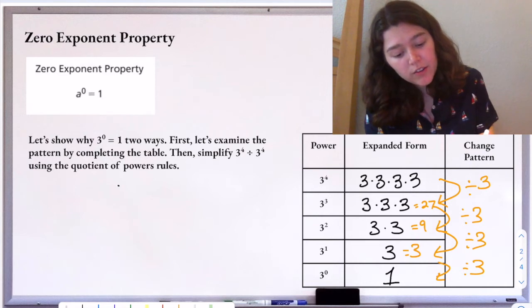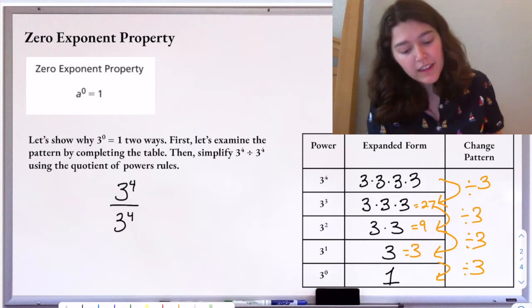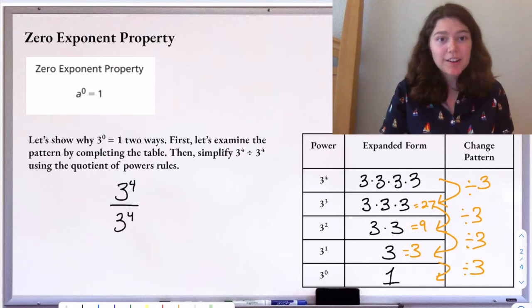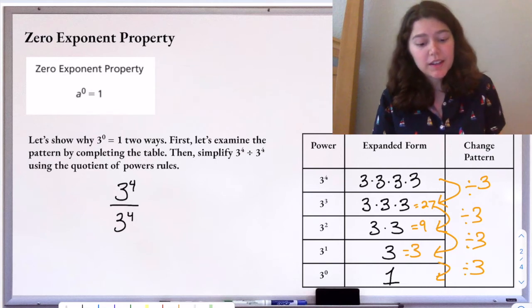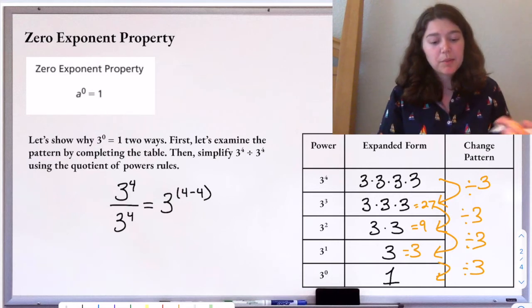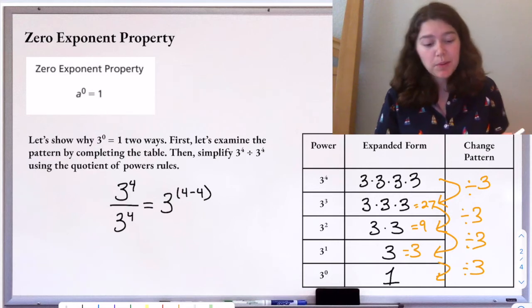And then we can also see it using the quotients of powers rule. So last week we learned that whenever we divide a power by a power, if they have the same base, we can keep the base and subtract the exponents. So here we have 3 to the power of 4 divided by 3 to the power of 4.